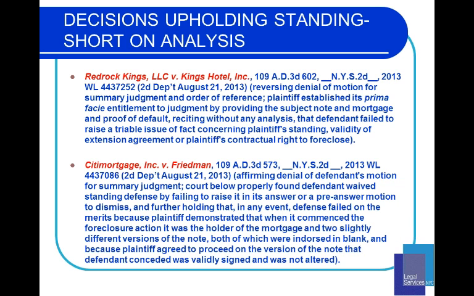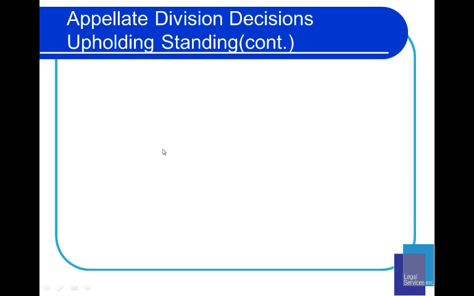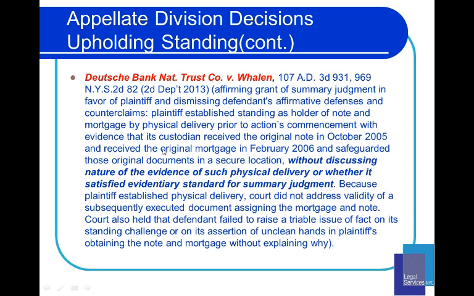There were apparently two slightly different versions of the note, both of which were endorsed in blank. To me, this suggests a classic example of there being a disputed issue of fact. But here, apparently, the plaintiff agreed to proceed on one of them, and apparently the defendant, according to the opinion, had conceded that that one was validly signed and was not altered. I would have obviously reached a different result. But so there's bad case law out there.